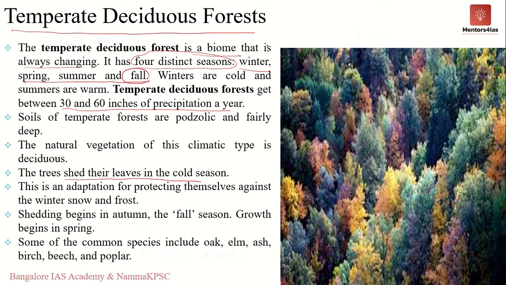So during this they actually shed their leaves and are bare over winter and grow new foliage in the spring. The precipitation is fairly uniform throughout. However, the soils in temperate deciduous forests can also be podzolic and fairly deep. So these are certain characteristic features of the temperate deciduous forest.